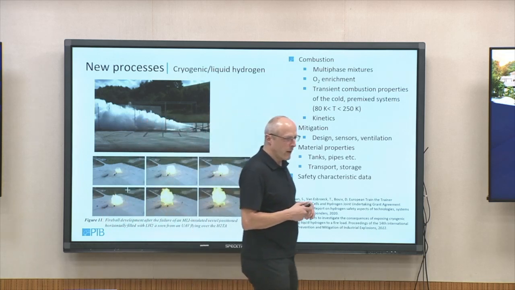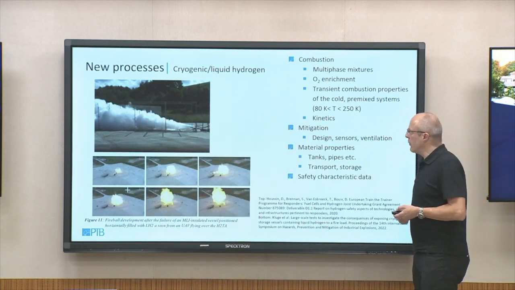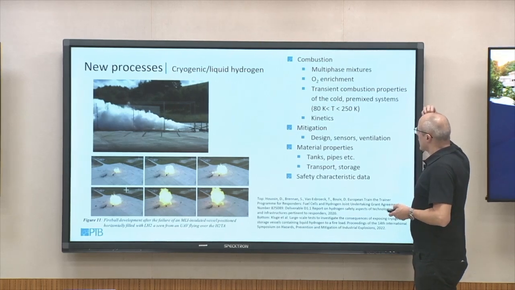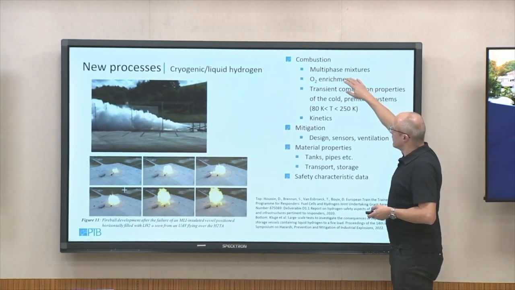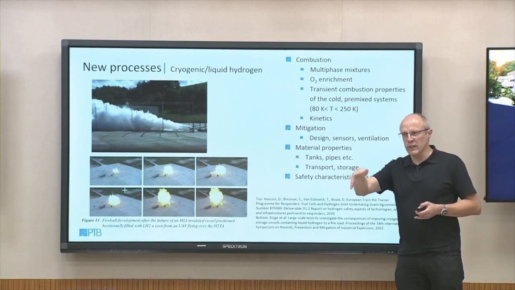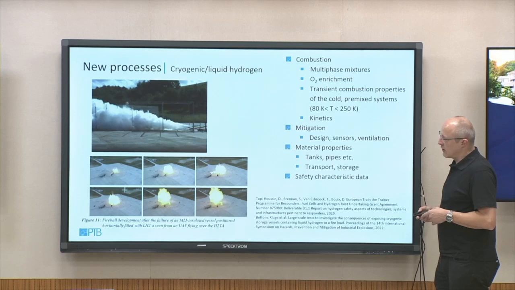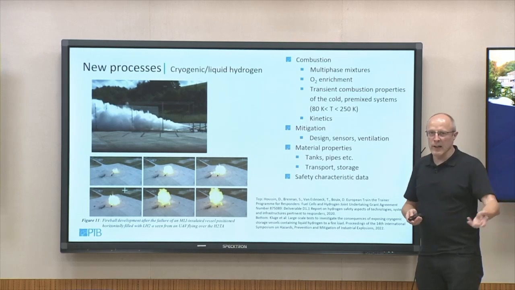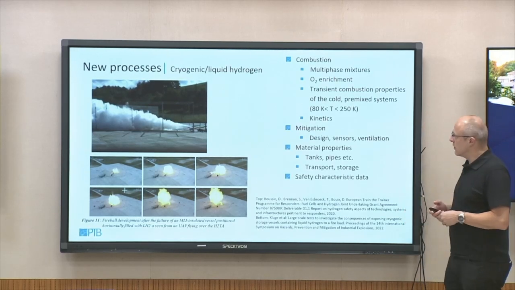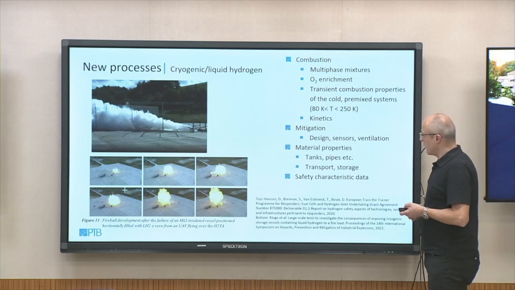If we use the liquid hydrogen and we talk about really low temperatures here, we can have, for example, oxygen enrichment on the surface of the very cold pipe. So then in case of a leakage, we are not just faced with air. We have enriched oxygen here, which then of course supports ignition and combustion.